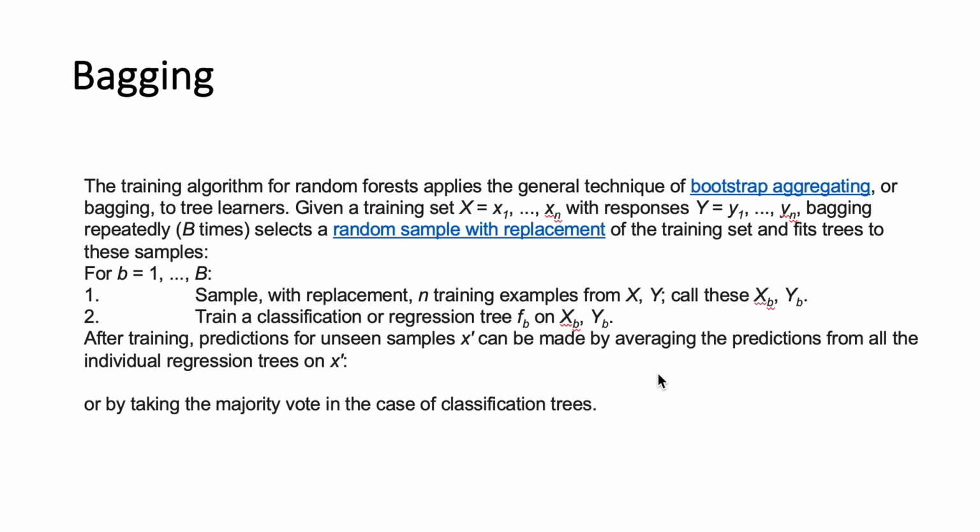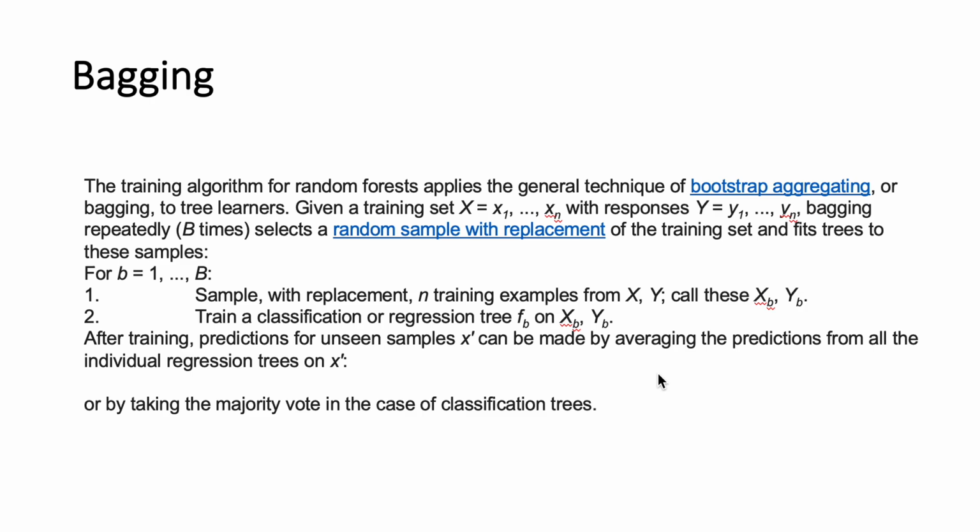The key theory behind the random forest is bagging. How bagging works is the training algorithm for random forest: it applies the general technique of bootstrap aggregating, or bagging, to the tree learners. Given training set X and responses Y, bagging repeatedly selects a random sample with replacement of the training set and fits trees to these samples.